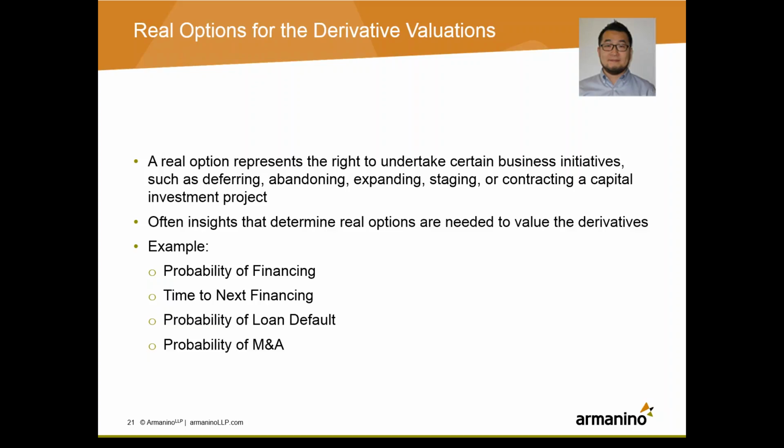And these choices and these uncertainties may have impact on financial instruments that the company carries. Some examples of events that we often run into when we value an option, specifically because we have a lot of tech company clients in Silicon Valley, are what's the probability of the next financing, and what's the time frame to the next financing, what's the probability of you defaulting on your loans, and what's the probability of you being acquired in the next 6 months.